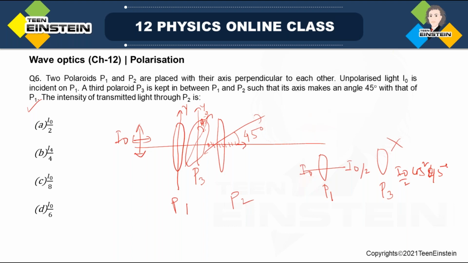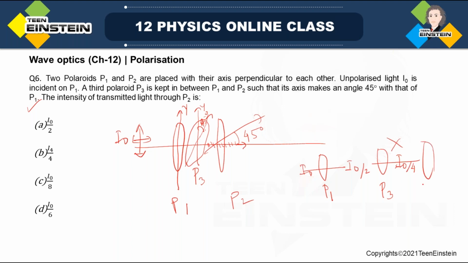That is actually 45 degree, that means it is I0 by 4. Now let me erase this calculation part and write simply I0 by 4. After passing through it, the light will be I0 by 4.